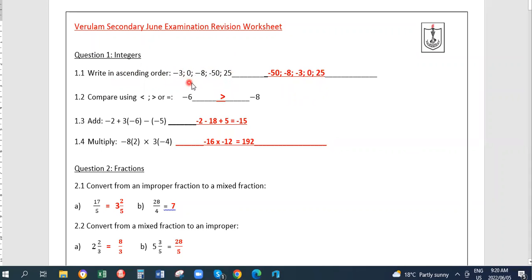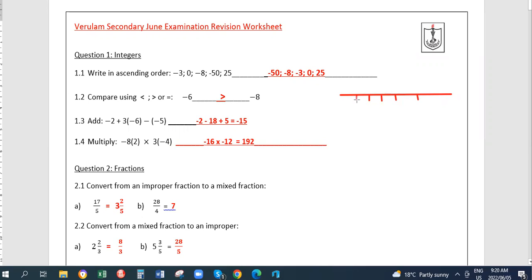Now, in terms of negative numbers, your number line reflects that your negative 50 is way lower than your negative 8 or negative 3. So if we quickly draw a number line, if we have 0 here in the center, then the numbers on the right of 0 are your positive numbers.